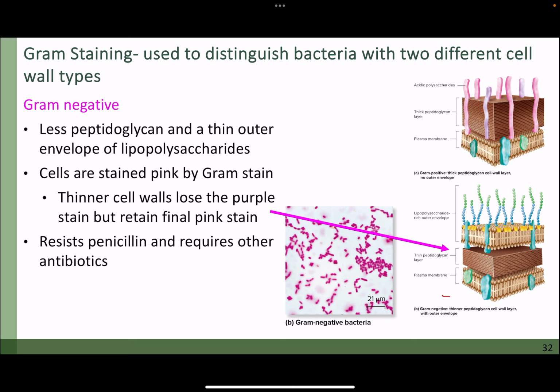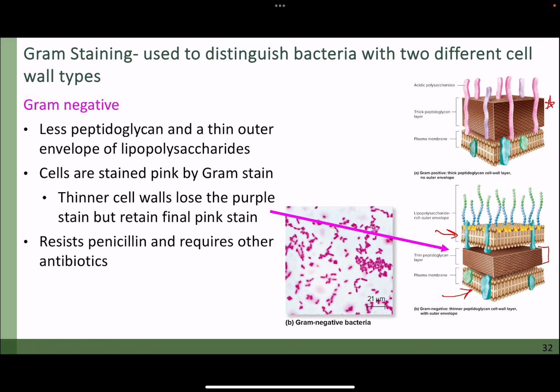On gram-negative bacteria, you have the plasma membrane, and then you have a peptidoglycan wall on the outside. Now you'll notice that compared to this one up here, this wall is much, much thinner. And then you've also got this outer envelope. This is kind of a secondary plasma membrane that occurs outside of that cell wall.